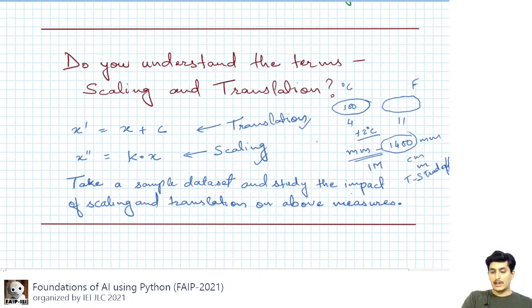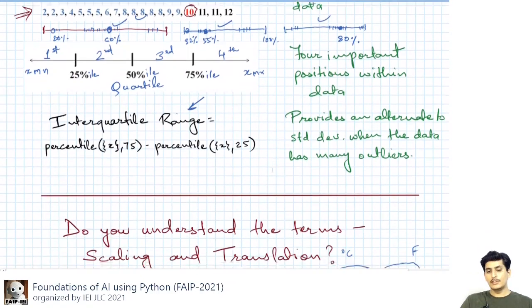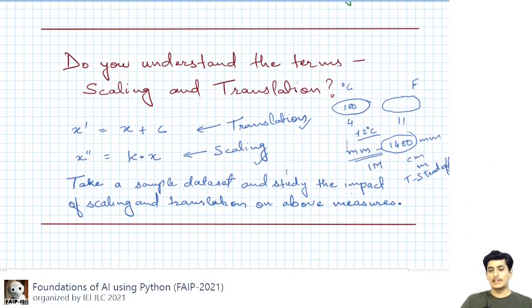After scaling, calculate the mean and standard deviation again. Then, on the original data set, do translation, calculate mean and standard deviation, and then tell me what was the impact of translation and scaling on mean and standard deviation. We can also derive that from these formulas here, but I still want you to do this numerical exercise to make these concepts clearer to you.